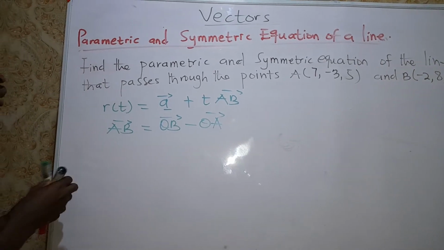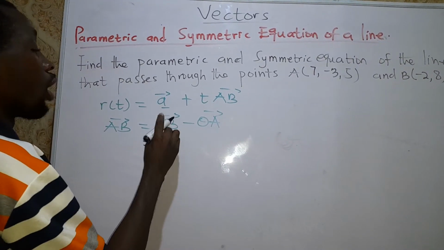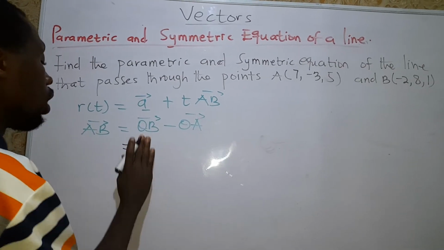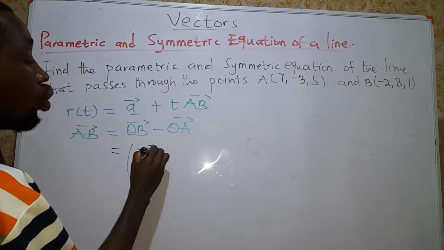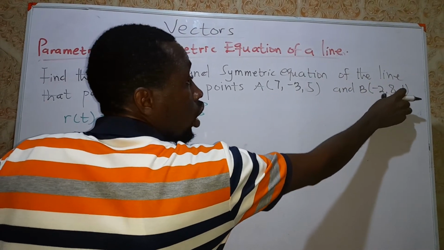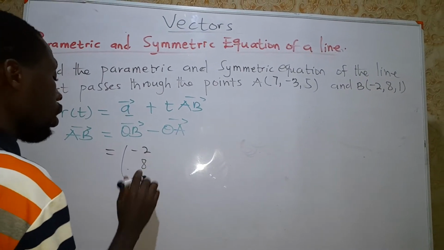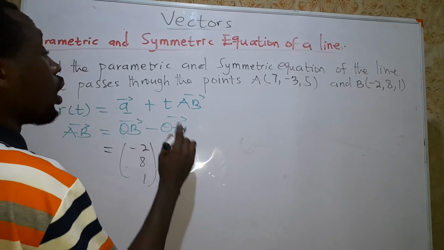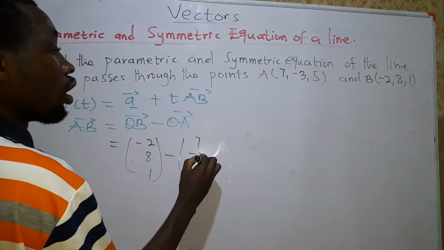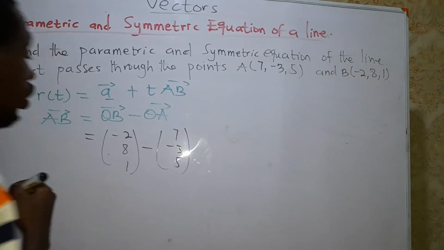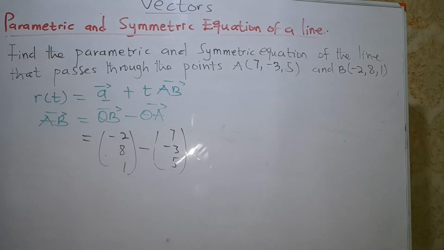So what do we have? What's our OB? Our OB is (-2, 8, 1), then minus A, which is (7, -3, 5). We'll simplify this further.